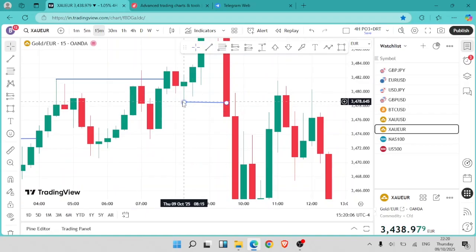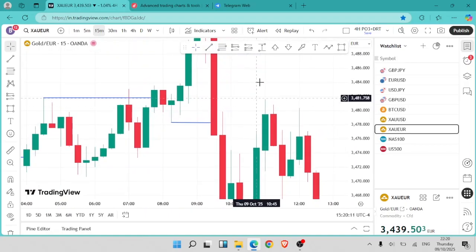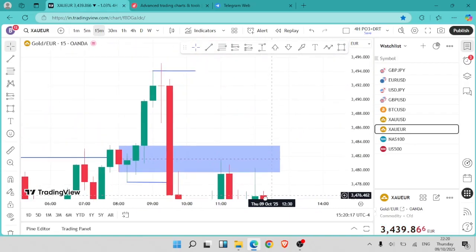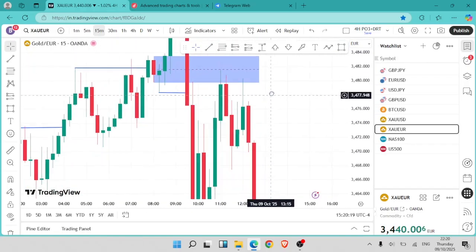With that in place, this becomes a breaker block, the last bearish candle before a bullish move to sweep liquidity.